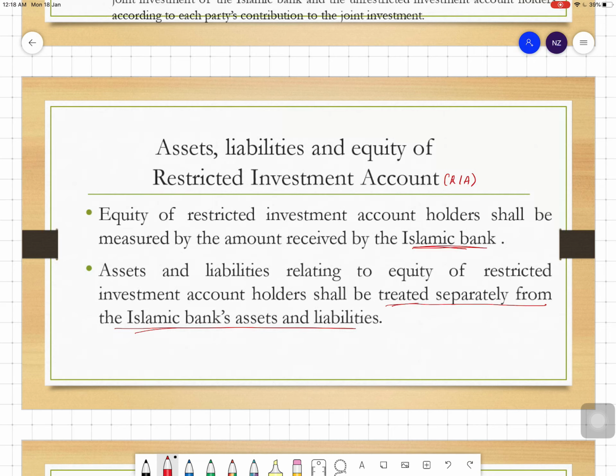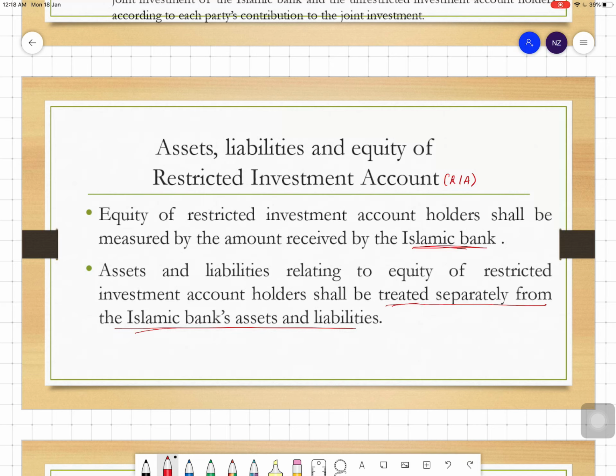Of course, for unrestricted, it can combine the accounts of the customers. If there are 5 customers investing the same amount, or in the same funds or with the same risk, the Islamic bank can combine all of the customers' funds. But as for this RIA, it cannot combine, so that is why it must keep separate accounts.